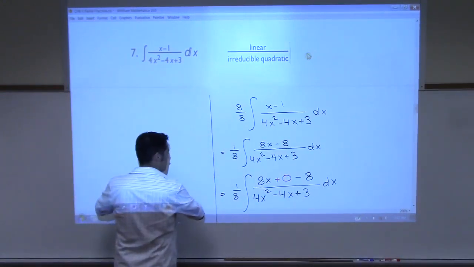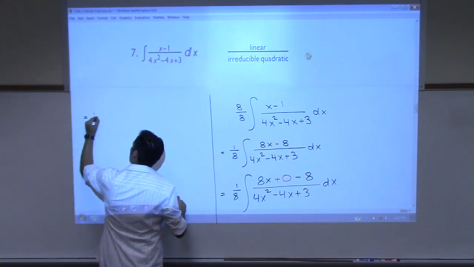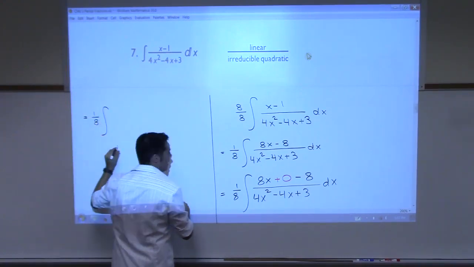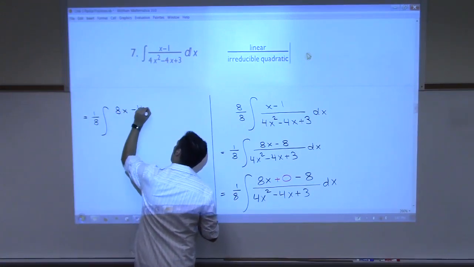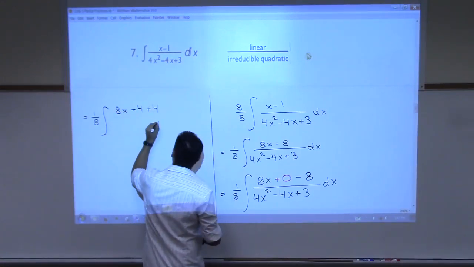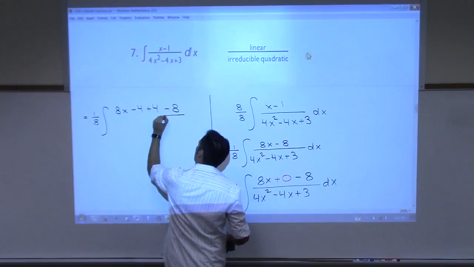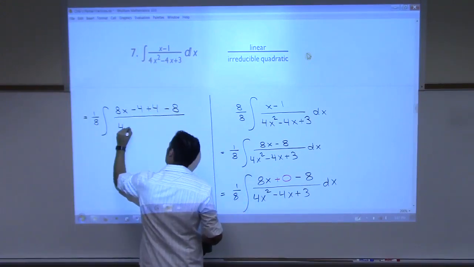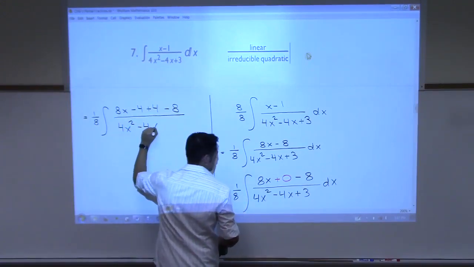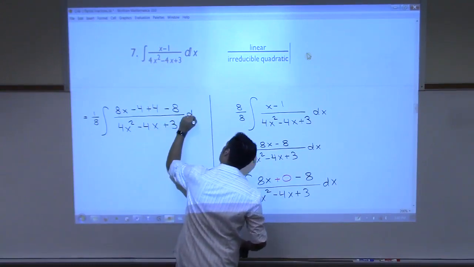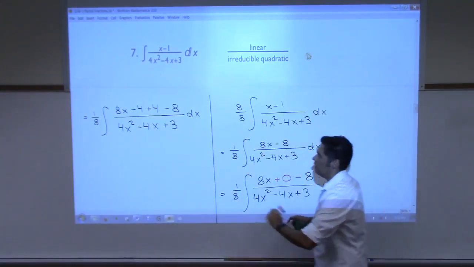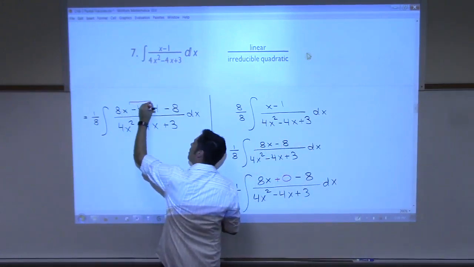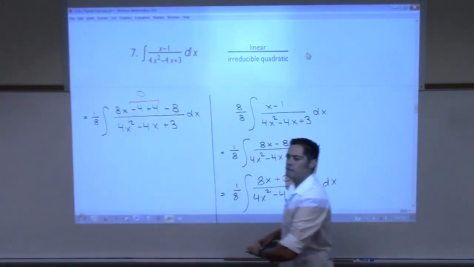So that becomes 1/8 integral of 8x minus 4 plus 4 minus 8 all over 4x squared minus 4x plus 3 dx. I didn't write these in red, but everyone understands that's your 0 right there?